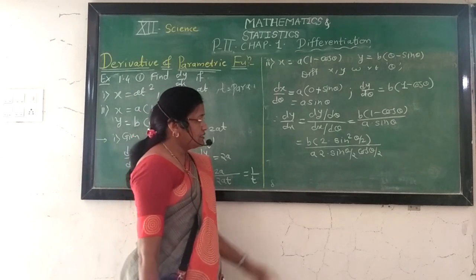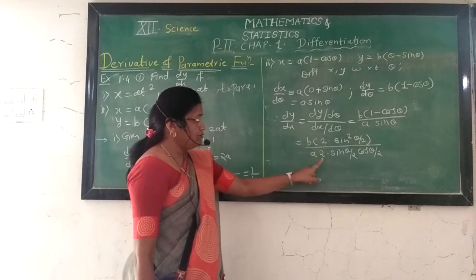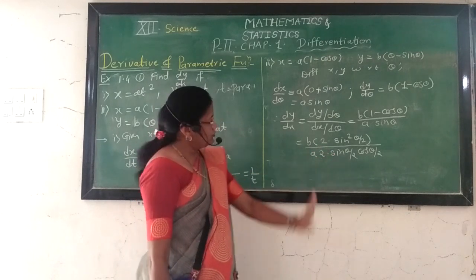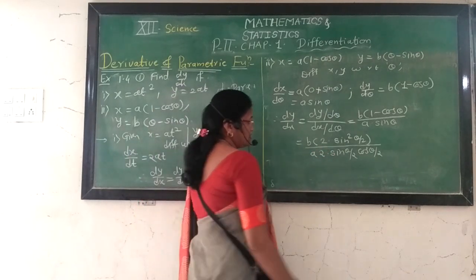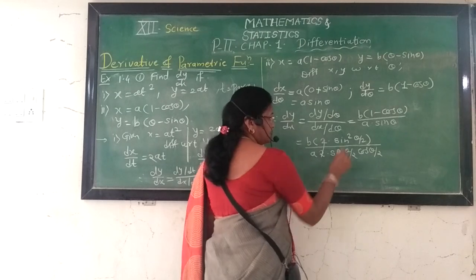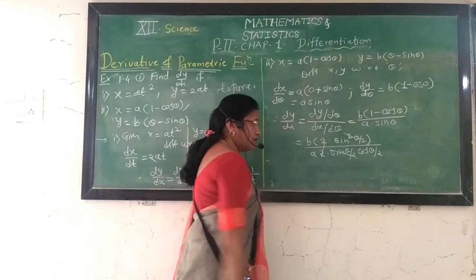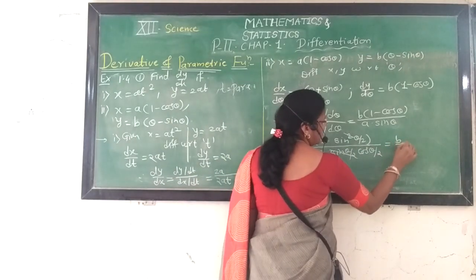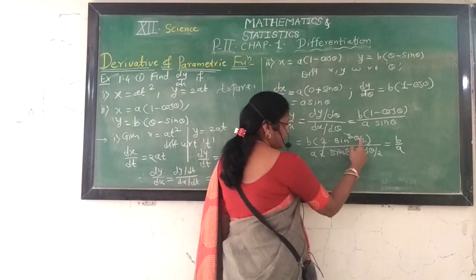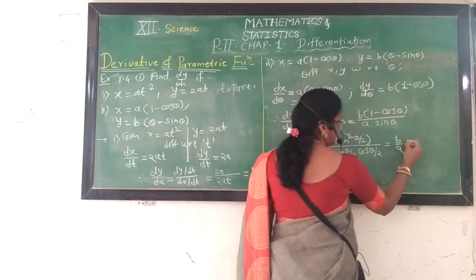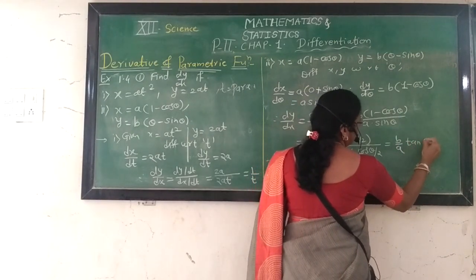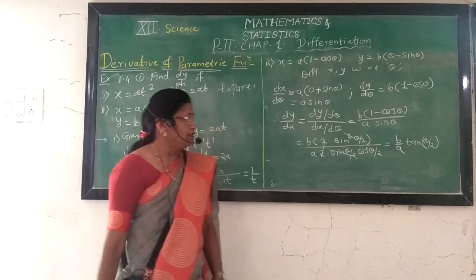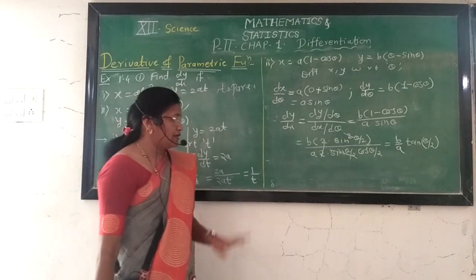So we have 1 minus cos theta as 2 sin square theta by 2, and a sin theta, where a is constant and sin theta is 2 sin theta by 2 into cos theta by 2. The 2 cancels, one of the sin terms cancels, and the value becomes b upon a, sin theta by 2 upon cos theta by 2, which means tan theta by 2. So dy by dx is b upon a into tan theta by 2.